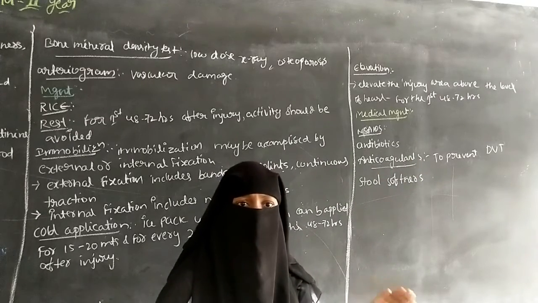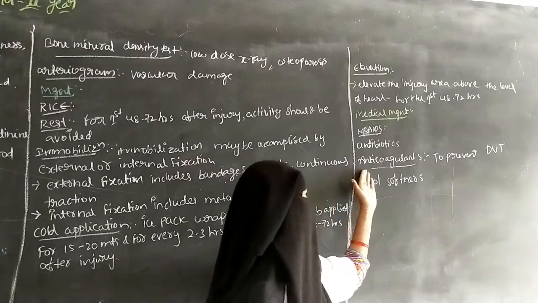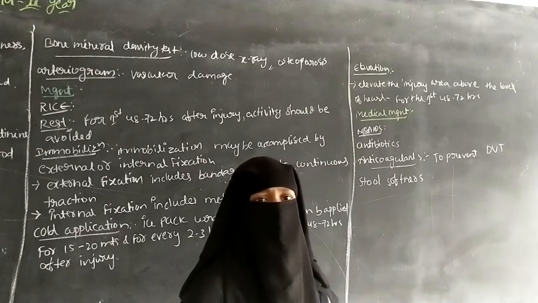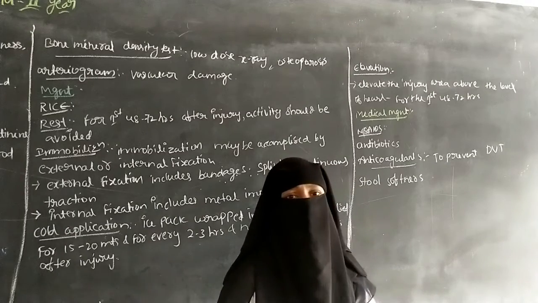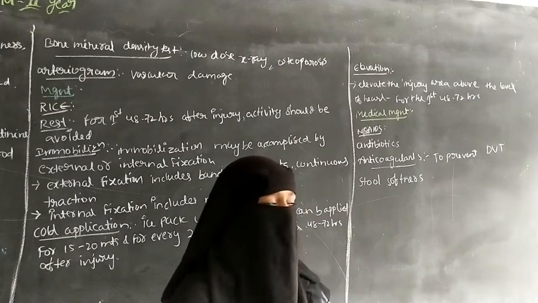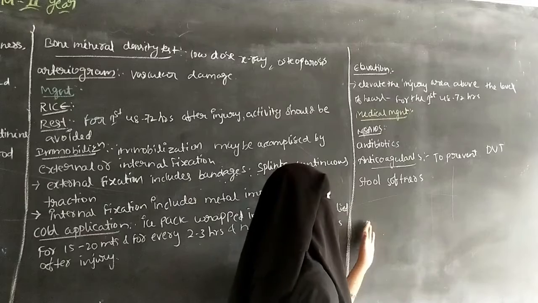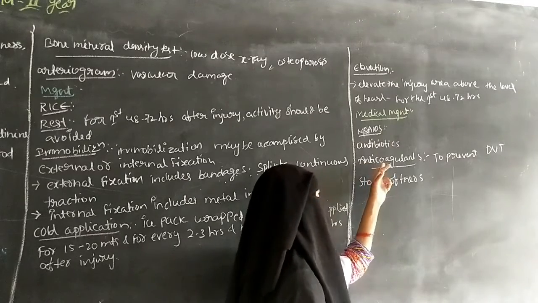So to prevent the blood clotting we can provide anticoagulants to the patient, because of the immobilization the patient may have deep vein thrombosis.